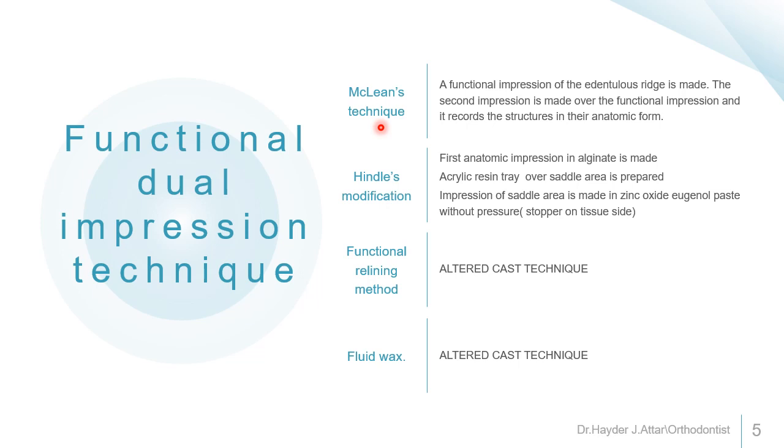That means the functional dowel technique is used mostly in cases of Kennedy class 1 and class 2. The second impression is made over the functional impression and records the structures in their anatomical form.